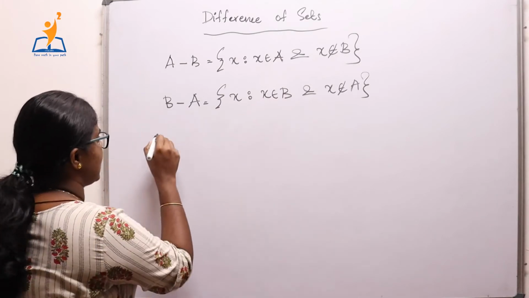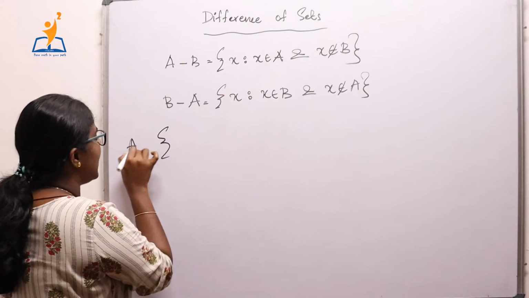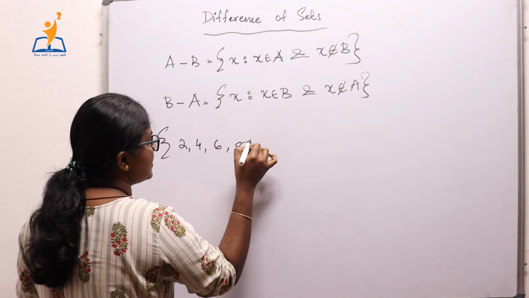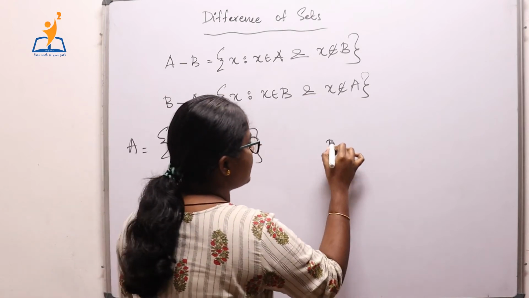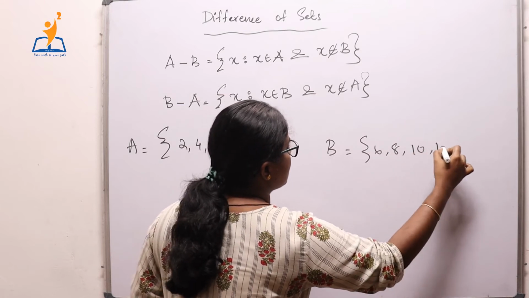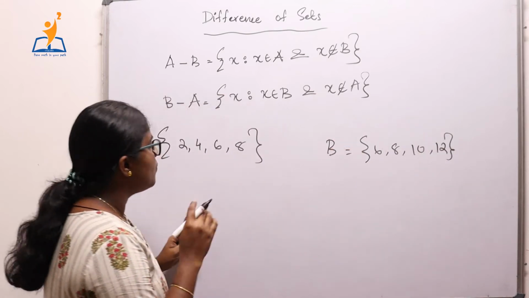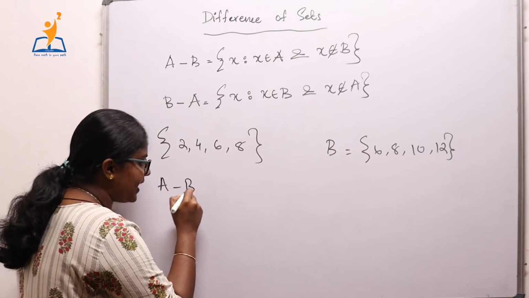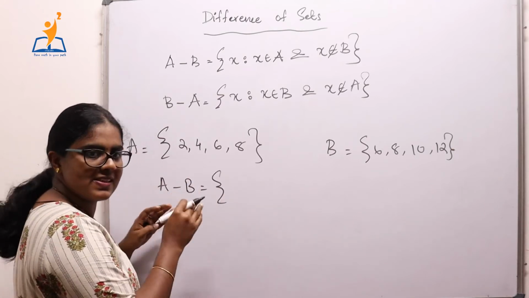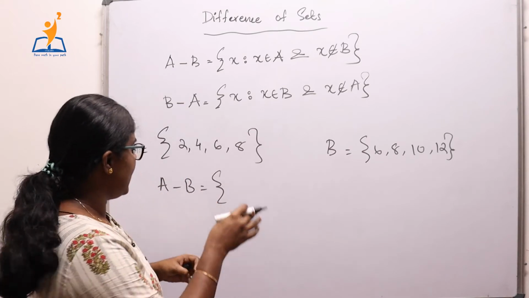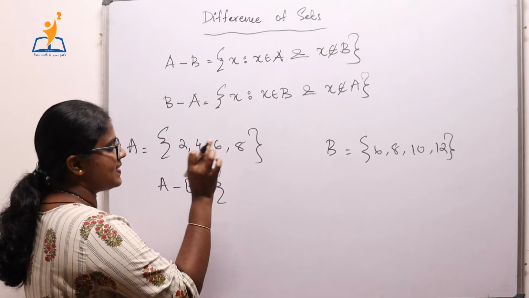Let's consider an example. Let A be equal to 2, 4, 6, 8 and B be equal to 6, 8, 10, 12. Now what is A minus B? A minus B contains the set of all x such that x belongs to A, that is 2, 4, 6, 8.